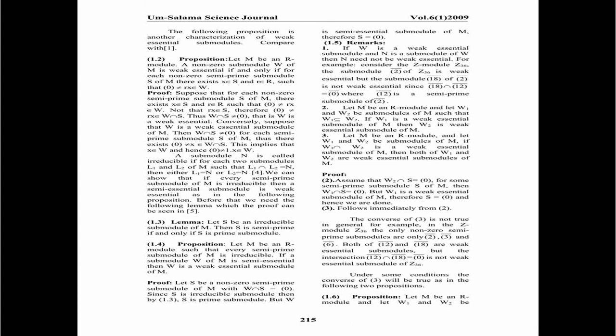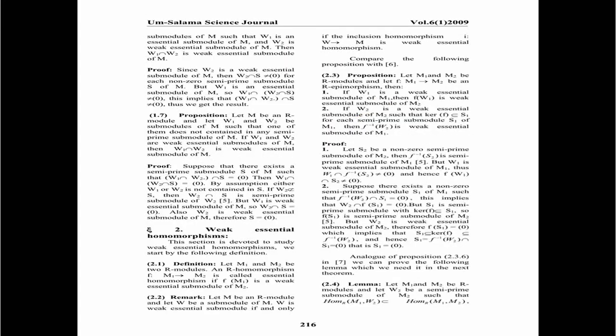Let M be a module such that every semi-prime submodule of M is irreducible. If a submodule W of M is semi-essential, then W is weak essential submodule. Also, there are some remarks and examples in 1.5 verifying some properties of this kind of submodule.